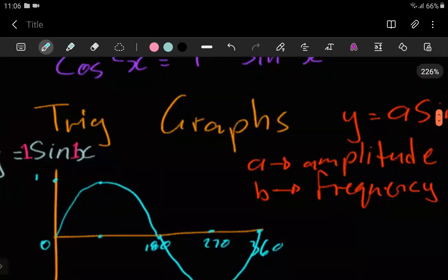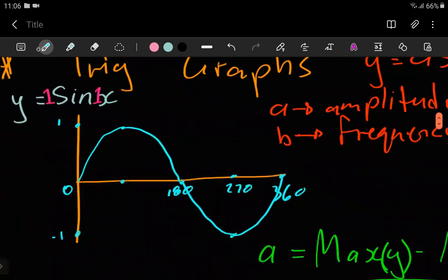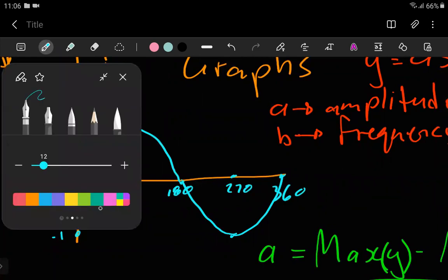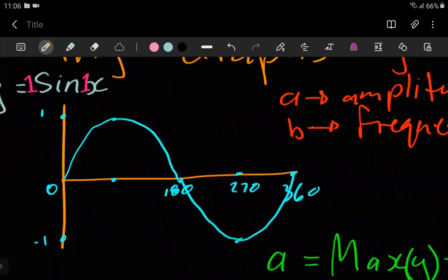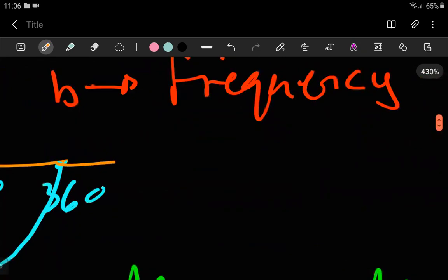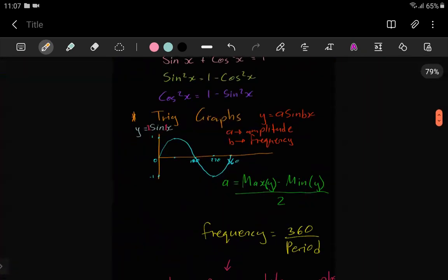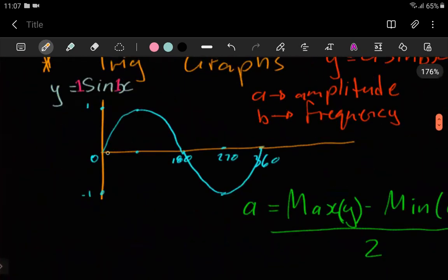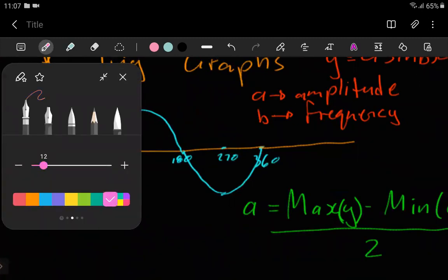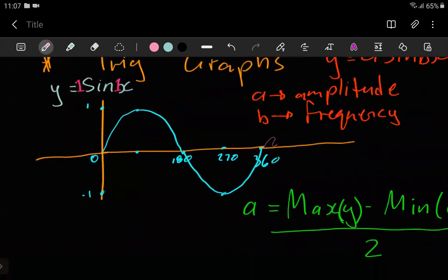In a space of 360, the reason why we're saying we have one complete graph is because if you were to keep going the way we have just laid this out, if this was to extend going onwards, and if this was also to extend going backwards, what you would have is a situation where from here, a new sine graph would begin, you see.